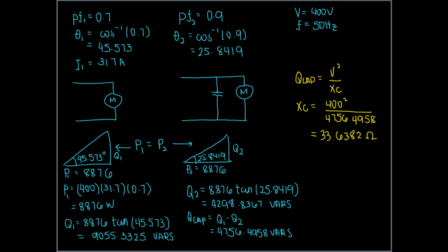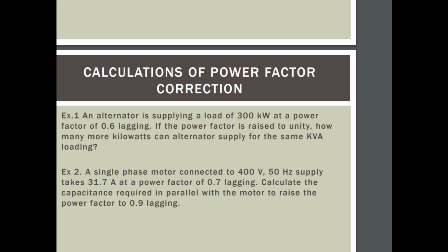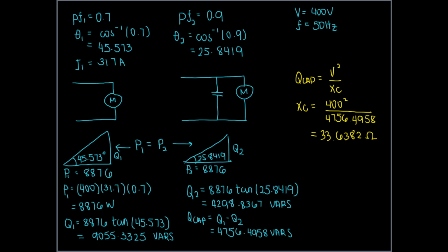But still, that's not yet your final answer, because what we're looking for is the capacitance. This one is capacitive reactance. It's in ohms. So just a simple recall, of course, XC 33.6382 is equal to 1 over 2 pi FC. 2 pi.